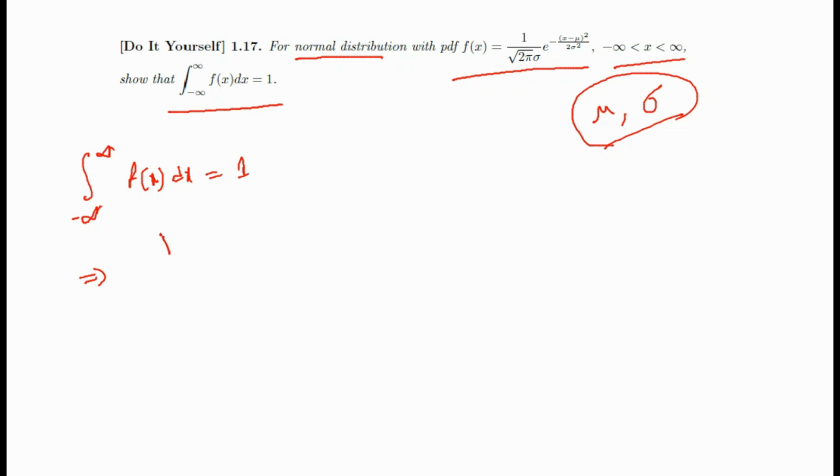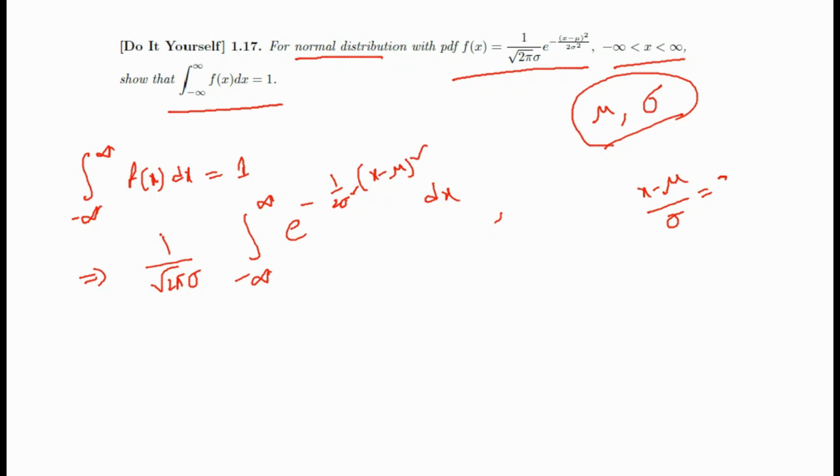So we need to show the integral from minus infinity to infinity of f(x) dx equal to 1. So let's see. 1 by root 2 pi sigma, integral from minus infinity to infinity of e to the power minus 1 upon 2 sigma square (x minus mu) whole square dx. Now let's put (x minus mu) by sigma equal to z, and we will get dx equal to sigma dz, and the limit will be, so when x equal to minus infinity, then z is also minus infinity, and for x equal to infinity, z equal to infinity.